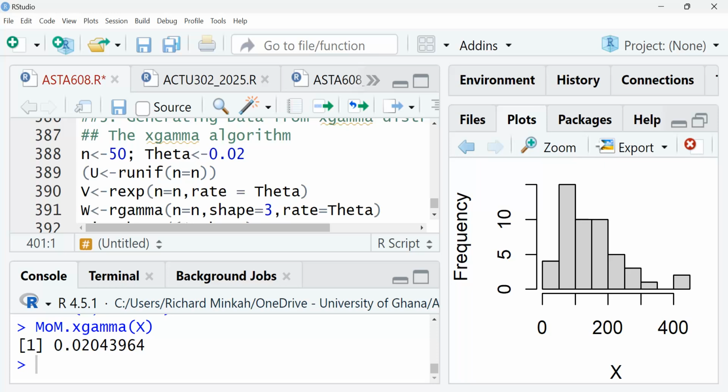But your moment estimator is negative. Rerun it. Just highlight this theta and run it. What value do you get? Check it and let's see.